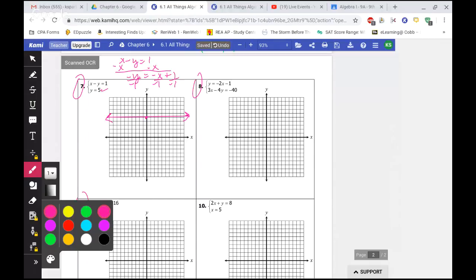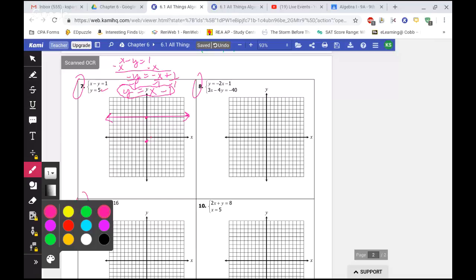So that's going to give me y equals x minus 1. Okay, so the y-intercept is negative 1. And my slope is positive 1.